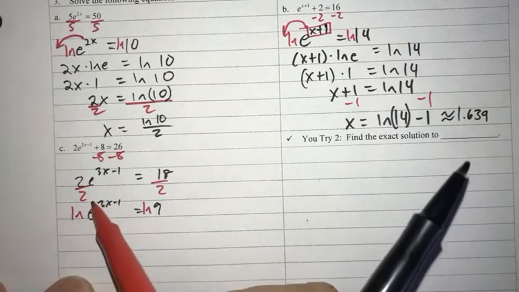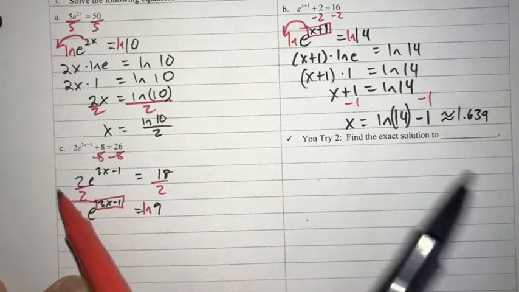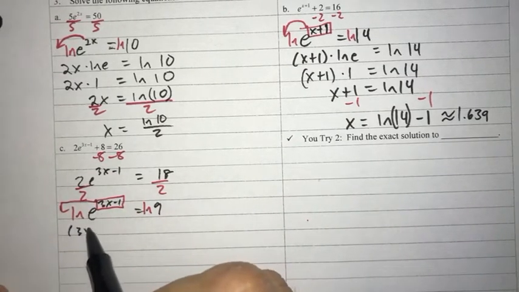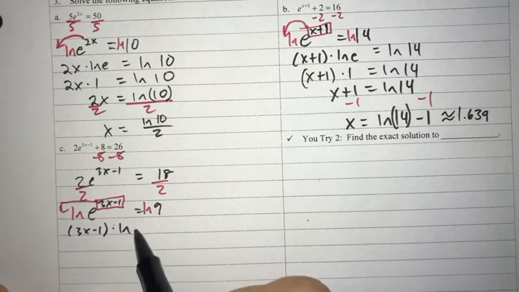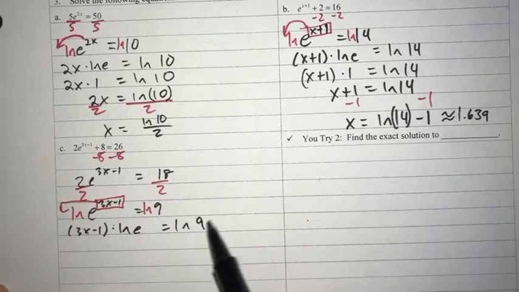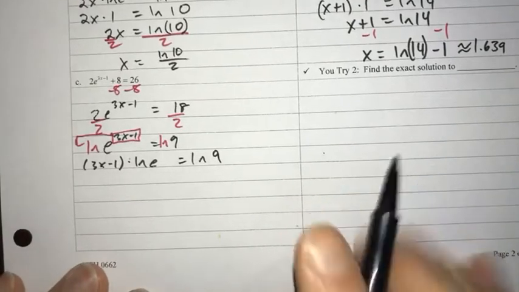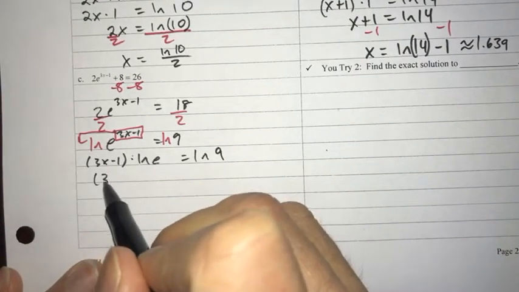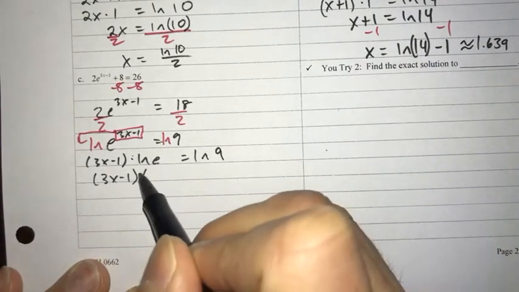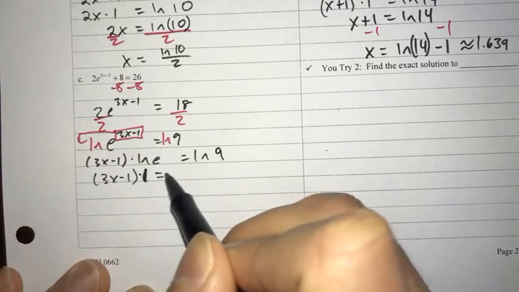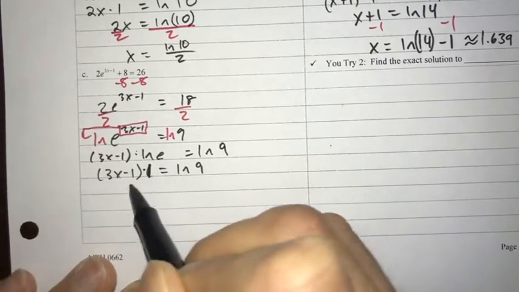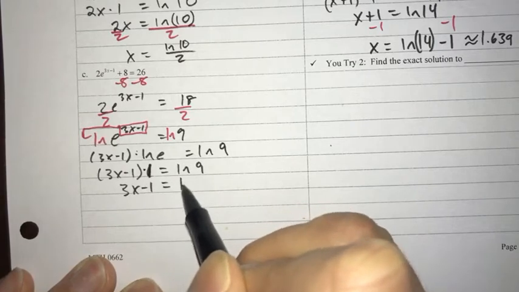And what happens is this, the 3x minus 1 as a whole, comes down in front. Natural log of e, that's 1. And so multiplying that by 1 doesn't change it. We should just solve this now.